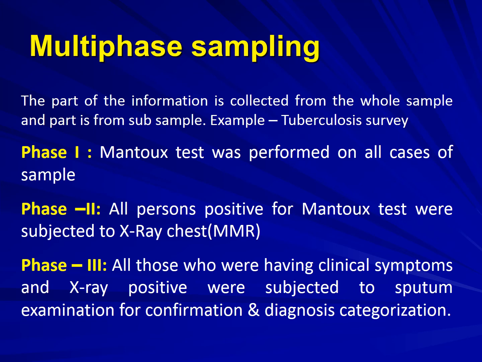In this way we have saved the expenses that would be spent on the X-ray examination and the sputum examination, as well as we have saved our time. So this is how by using multi-phase sampling we can save our money as well as our time.